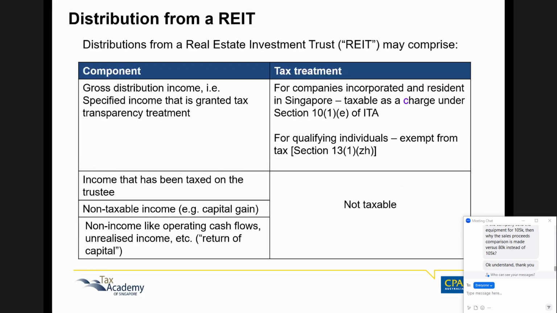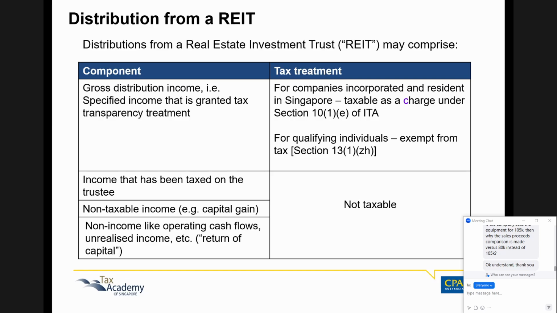Then I move on to another type of income, that is income from REITs. REITs are real estate investment trusts. REITs may be a bit complicated, in the sense that even though they make a distribution, we really have to look at the nature of that distribution. If you receive the CDP statement, they will state quite clearly what the distribution is and its nature.